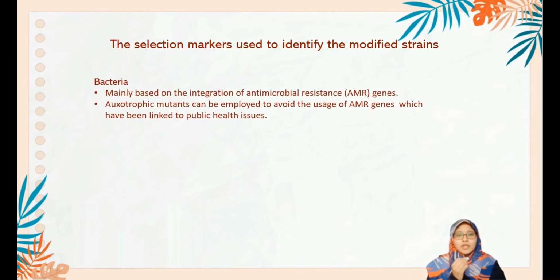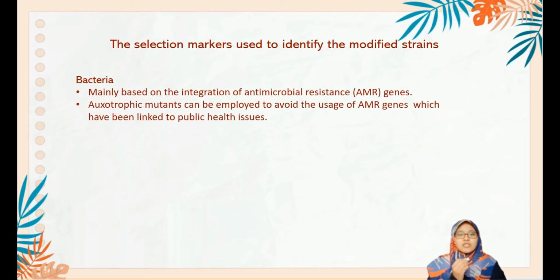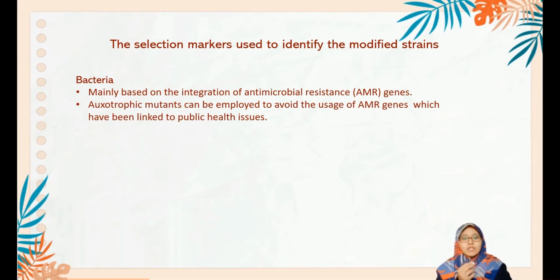For bacteria, the selection marker is mainly based on the integration of antimicrobial resistance genes. However, due to health issues regarding antimicrobial resistance genes, auxotrophic mutants can be employed.